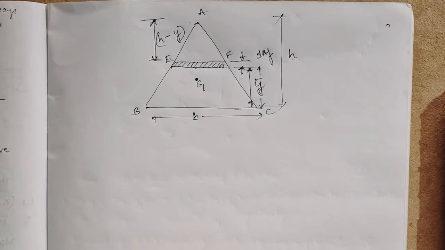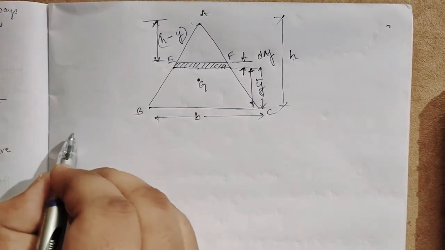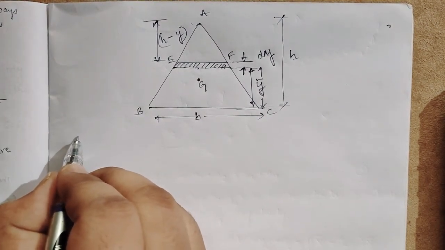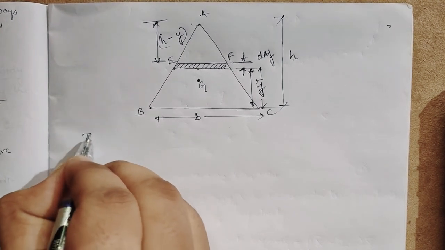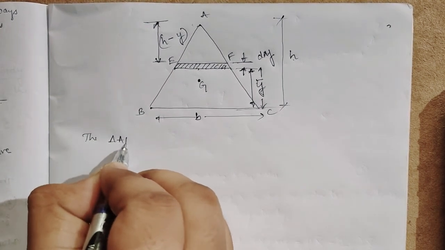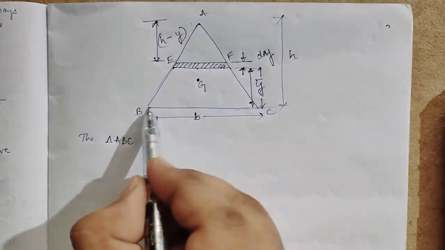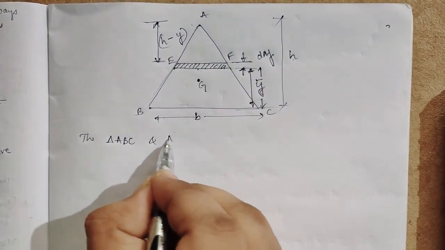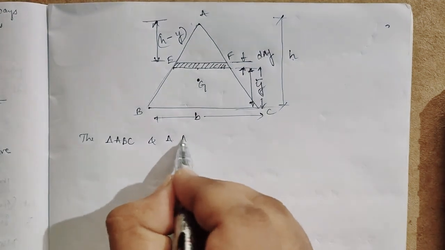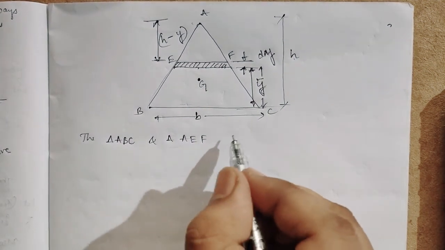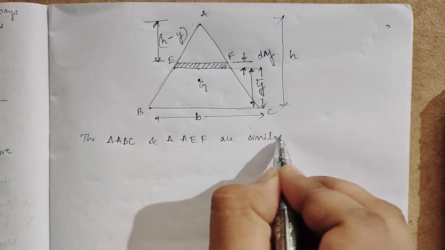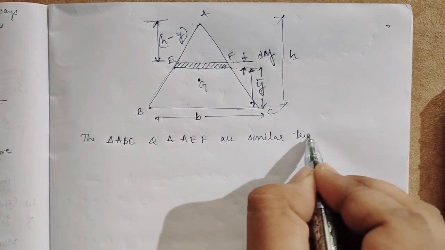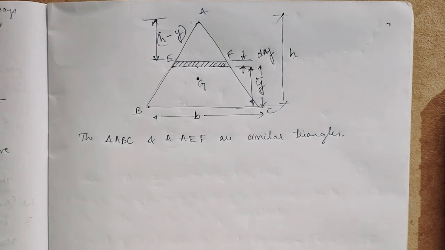Now, after this explanation, clearly we can see that triangle ABC, the big triangle, and triangle AEF are similar triangles. Correct, they are similar.